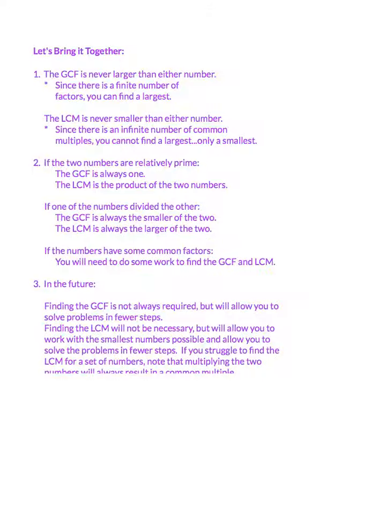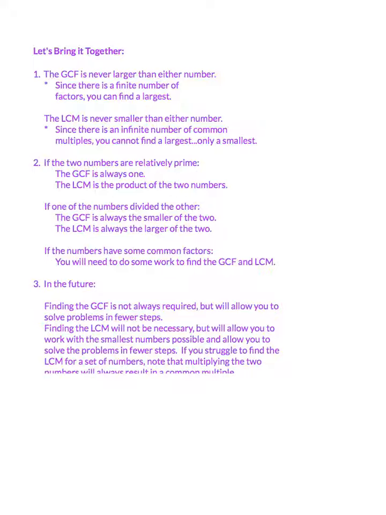Let's go ahead and bring the two concepts of greatest common factor and least common multiple together so that we can look at what the similarities are between them as well as the differences. The first thing to note, the greatest common factor is never larger than either number.